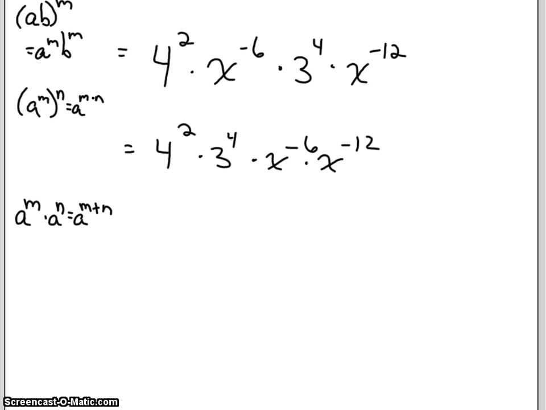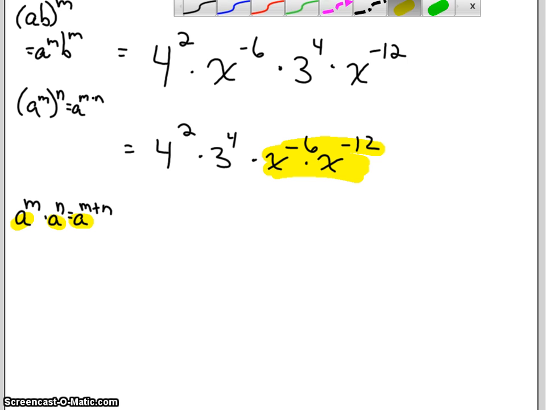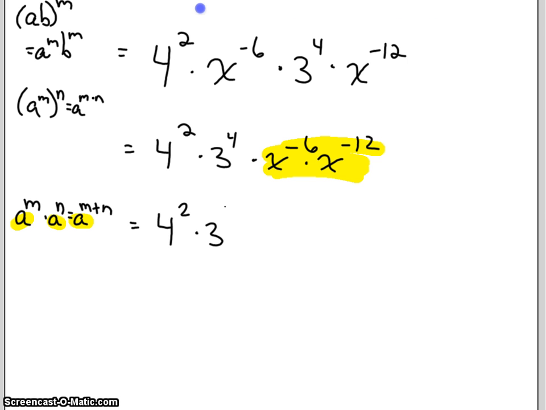So that would be applied here. These powers have the same base. X to the negative 6 times x to the negative 12. They have the same base. So we're going to write it as a single base, x, but then raised to whatever negative 6 plus negative 12 is. That's negative 18.